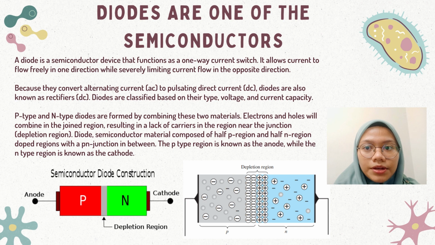A diode's semiconductor material is composed of half P region and half N region, doped regions with a p-n junction in between. The p-type region is known as the anode, while the n-type region is known as the cathode. As we can see in the semiconductor diode construction, the anode is on the side of P, the cathode is on the side of N, and the depletion region is in between the P and N.